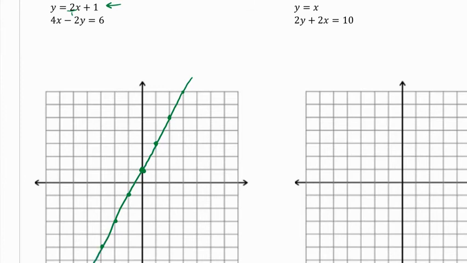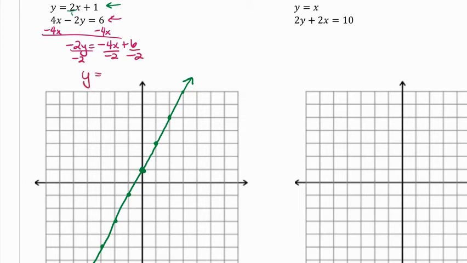Okay, then I want to graph my second line. Again, that one's not solved for y, so I need to get y by itself. So I'll subtract 4x on both sides. And we get negative 2y equals negative 4x plus 6. And then I'm going to divide everything by negative 2.